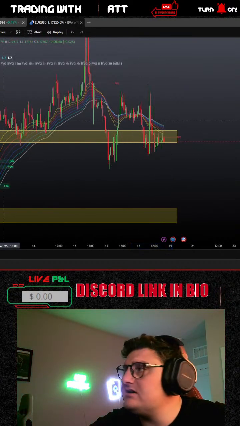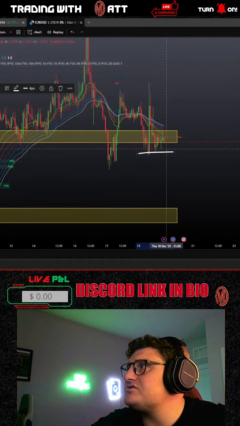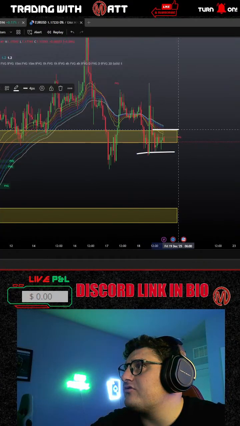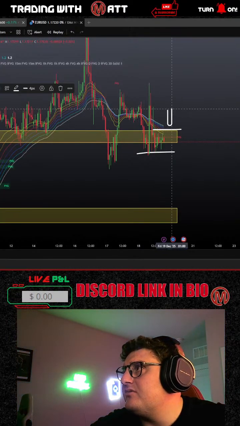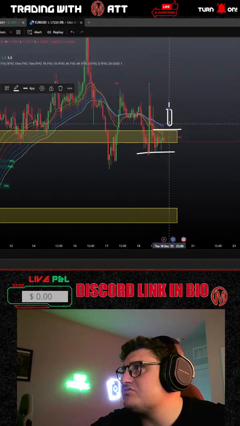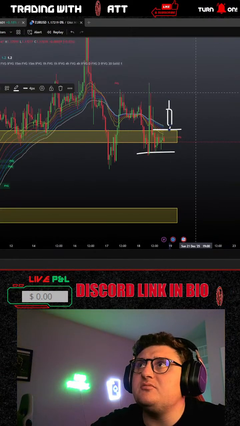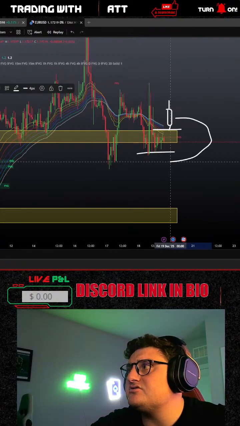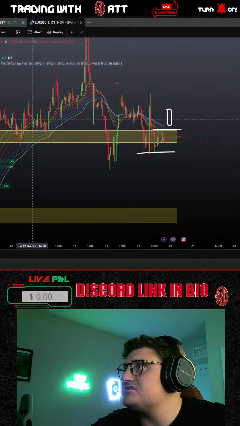So for us, again, not something we would want to take unless we saw a closure below here or we broke the previous highs with a full candle closure above right here, which was something that we'd want to see. A full candle closure above or a full candle closure below. One of those two would give us an indication.